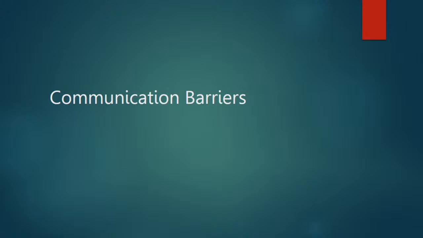Now, class, as I discussed with you at the start of this lecture, noise plays a very important role in the communication process. And this noise creates different sorts of barriers which are not good for effective communication. Now, let's discuss each of these communication barriers which can create hurdles in the process of communication.